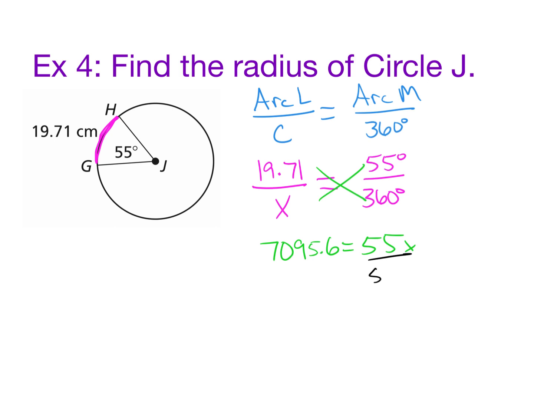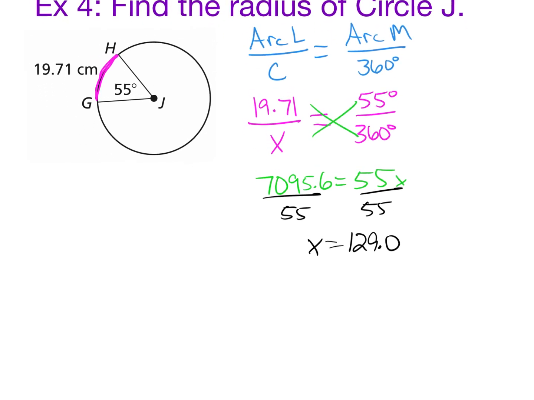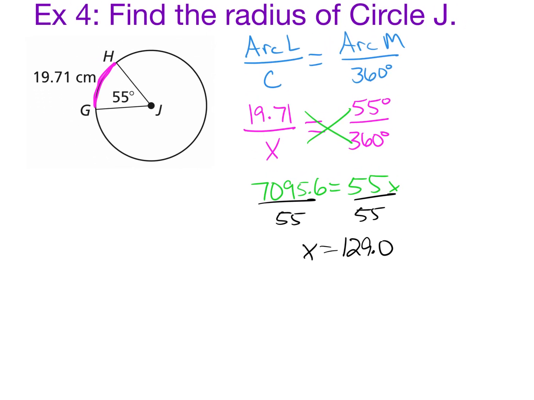And then you divide by 55. What did x equal when you divided it? 129.0. Okay. Does that matter, the point 0? On that one, the point 0 does matter because you had to round it to get it. You can round it too. All right, so x here equaled 129.0. What did my x represent here? Circumference.